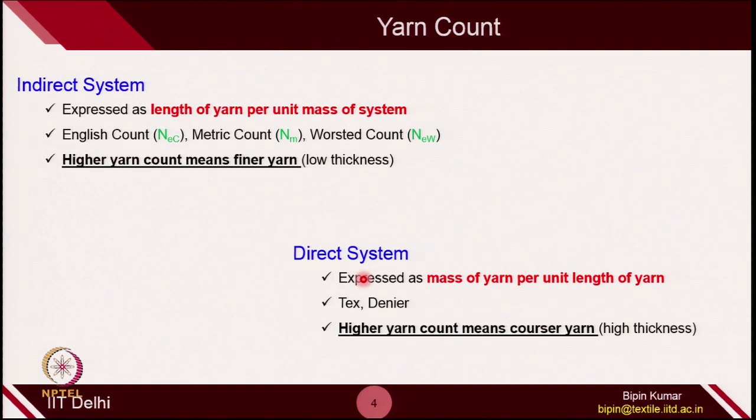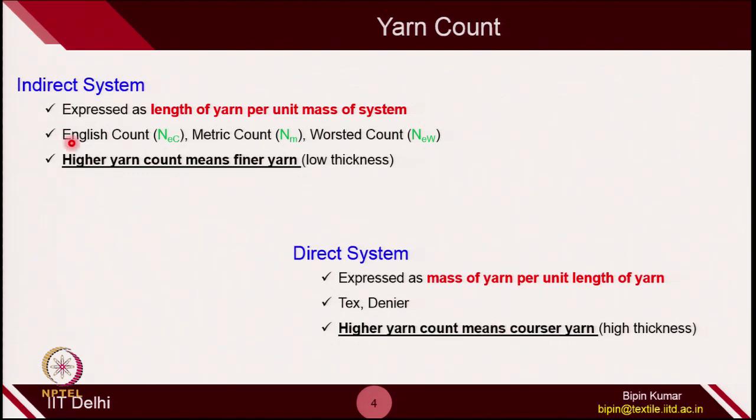In the direct system, it is the reverse. Here, we express the mass of yarn per unit length of the yarn, and two popular terms used are Tex and denier. If we are expressing yarn in the direct system, higher yarn count means coarser yarn.